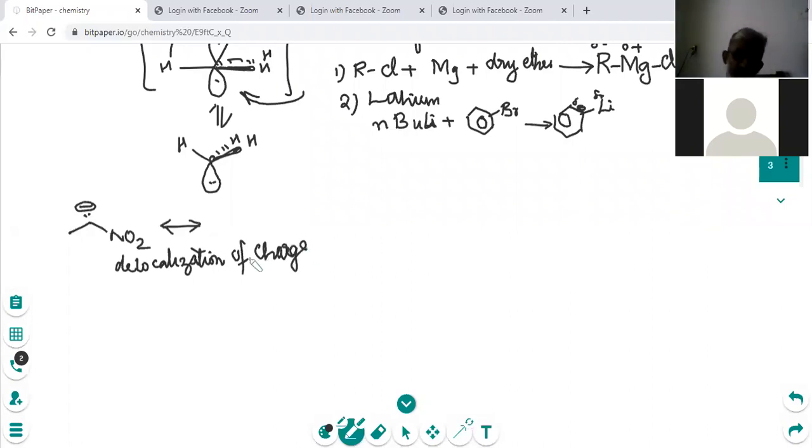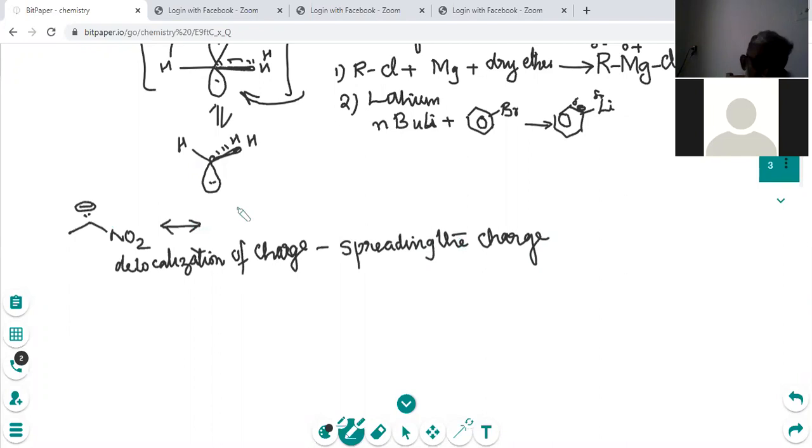What is the meaning of delocalization of charge? Spreading the charge throughout the molecule so that it is not getting concentrated on any particular atom. So let us see whether we can spread this negative charge from this carbon to the other side of the molecule.